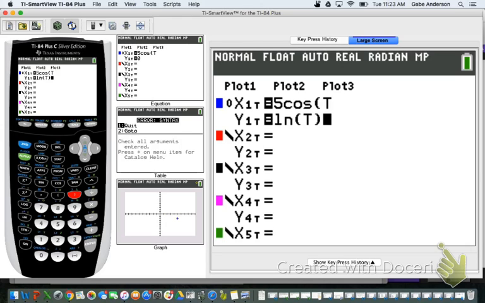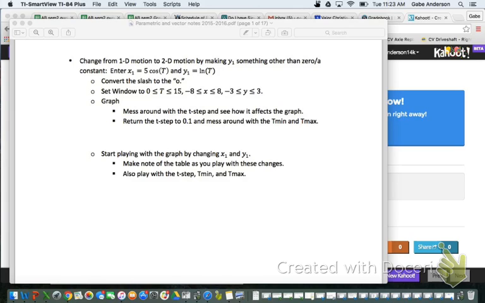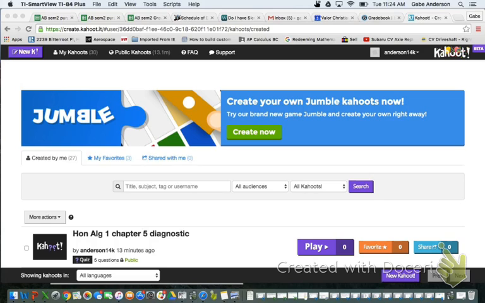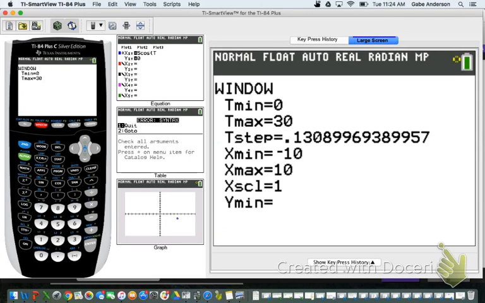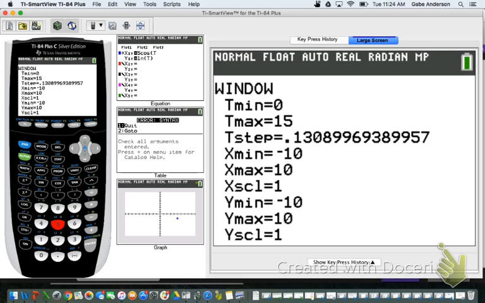And it does tell us to mess around with the window a little bit, so let's do that as well. The window, let's see here. T step 0 to 15, x from negative 8 to 8, y from negative 3 to 3. So guys, hope you're doing this with me. You're probably going to be a bit faster than me. This is a little bit awkward.